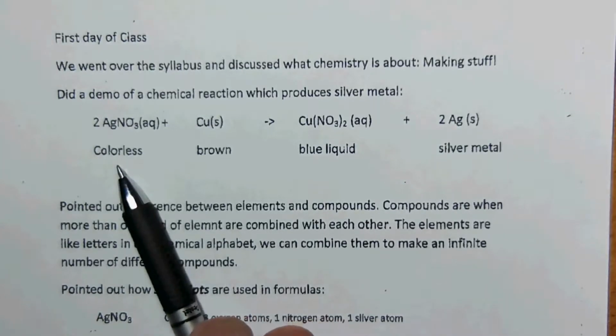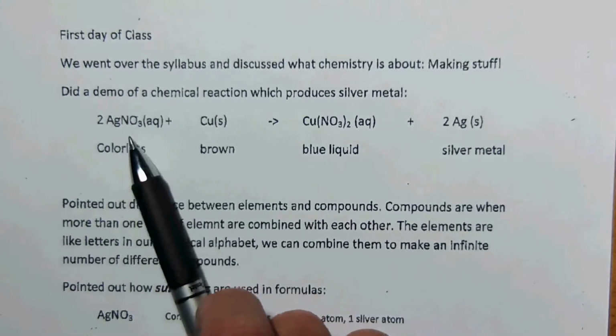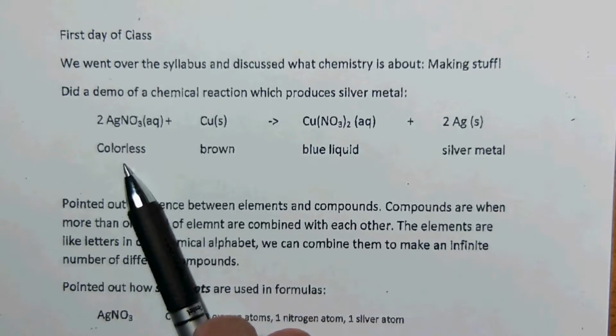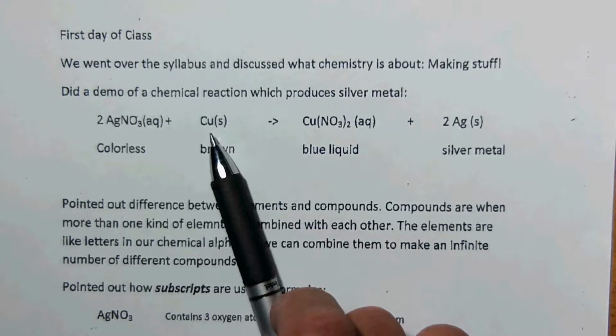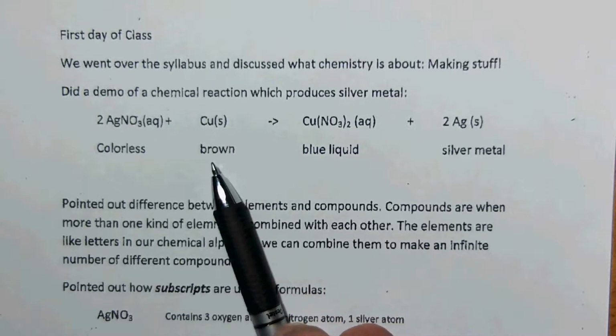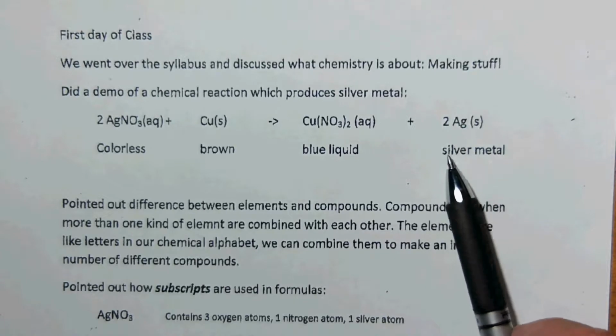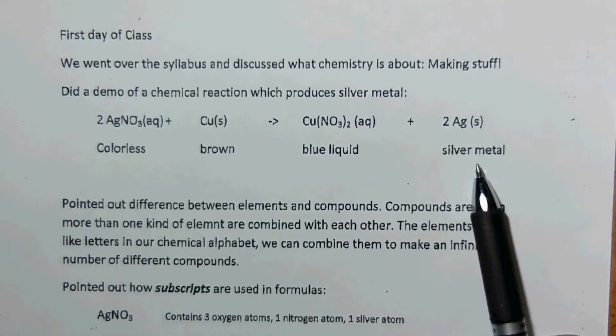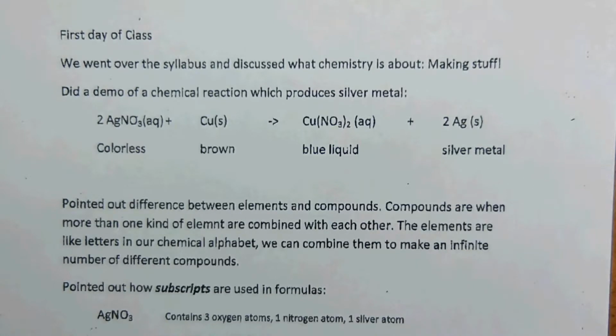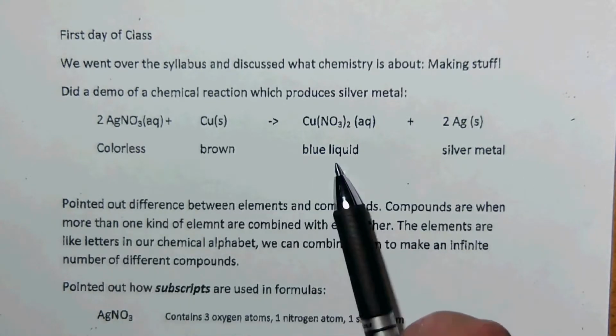We started with silver nitrate dissolved in water, and it was all colorless. We dropped in a copper wire, which was brown. 10-15 minutes later, we ended up with shiny silver metal. So this silver metal was coating the brown copper wire, and the liquid, instead of being colorless, was now blue.